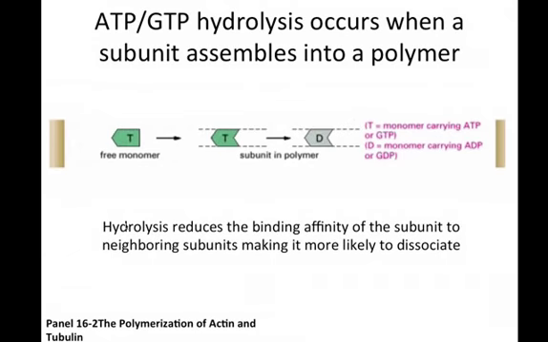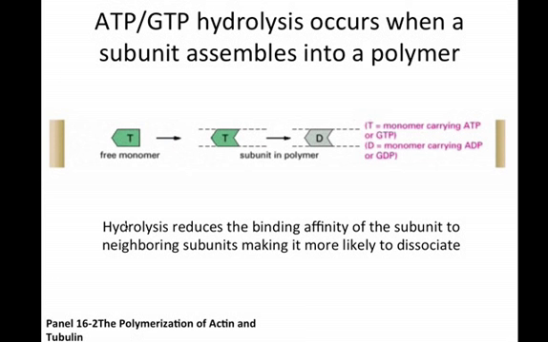So this is what I was just saying. With actin you've got ATP bound, and with tubulin you've got GTP bound, and ATP or GTP hydrolysis occurs when a subunit assembles into a polymer. So like I was saying, when your monomer is added to your polymer, you're going to get GTP hydrolysis.